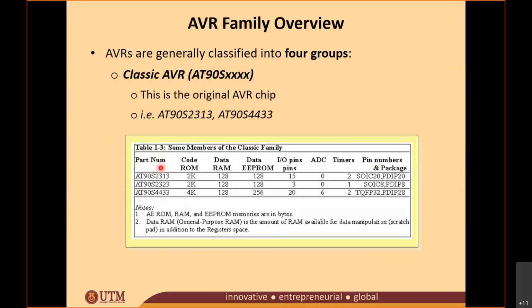Ada 3 model of classic AVR, okay, which is 2313, 2323, and 4433. Okay, so this is the size of ROM, RAM, EEPROM, and berapa bilangan input output. At the same time, sama ada dia boleh buat analog to digital converter ataupun tidak. Okay, and then bilangan timers. Okay, this timer is important lah kalau kamu nak generate a delay. Okay, so this is for the classic AVR.